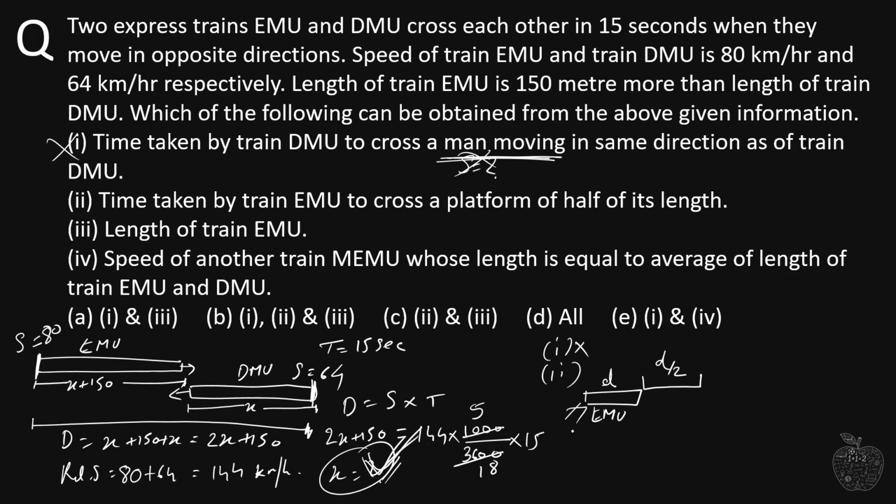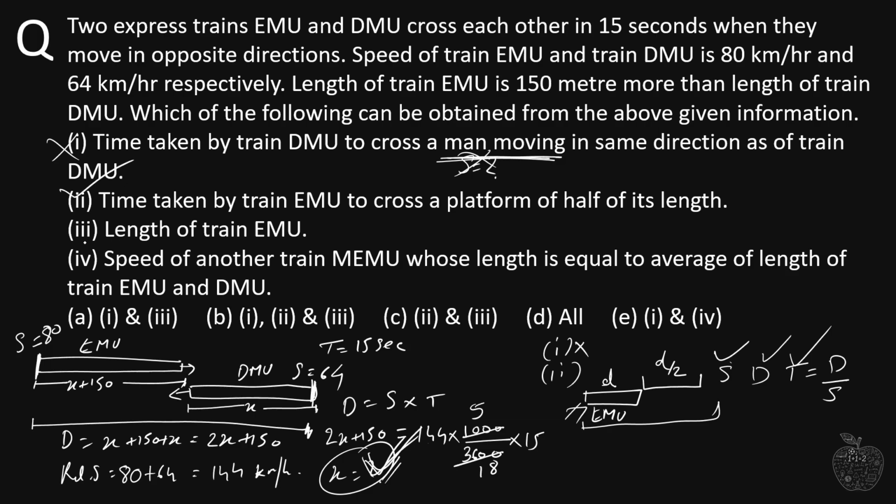We know the speed as well. The speed of train EMU is 80, so we know the speed. We know the distance, because the total distance will be the length of train EMU and the length of the platform. So we know distance, all we need is time. We'll use the formula time is equal to distance upon speed, and we'll calculate t. So point 2 can be calculated here.